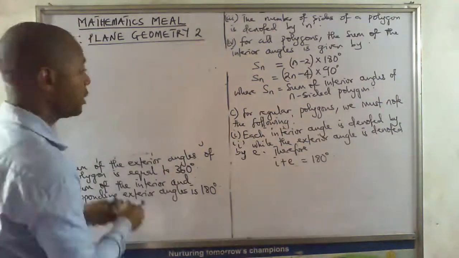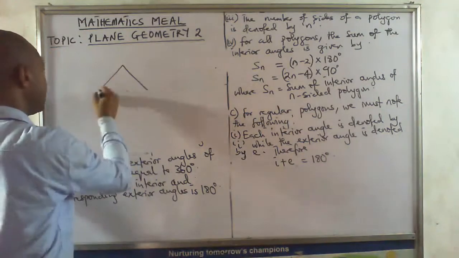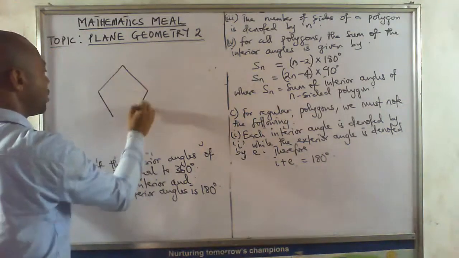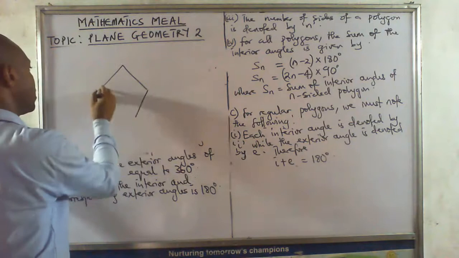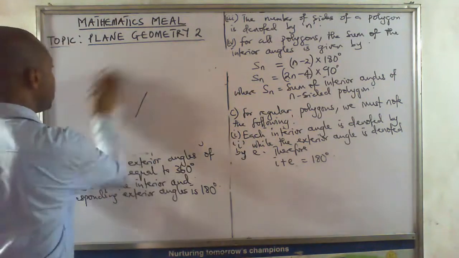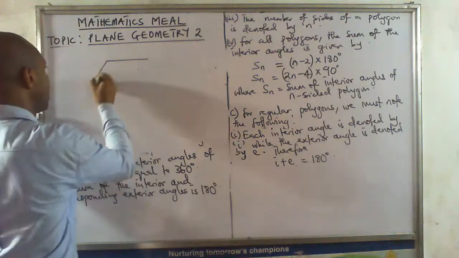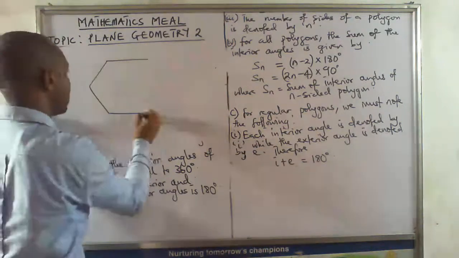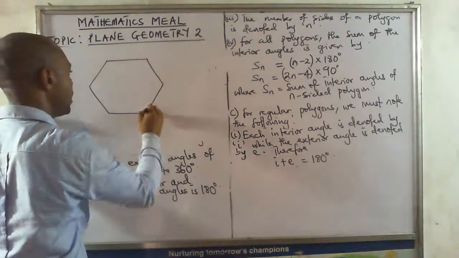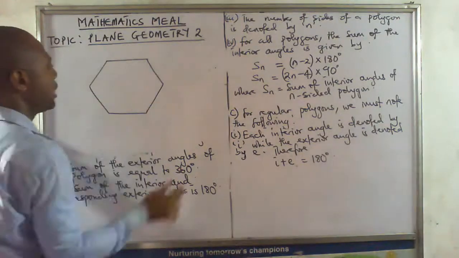Let me use a hexagon, since we have used the pentagon a lot. This is a 6-sided polygon.